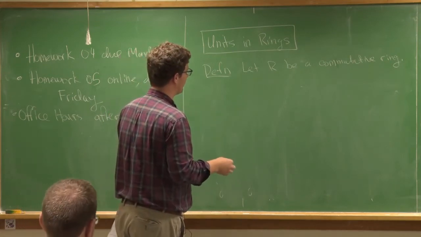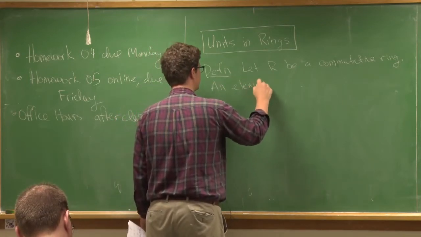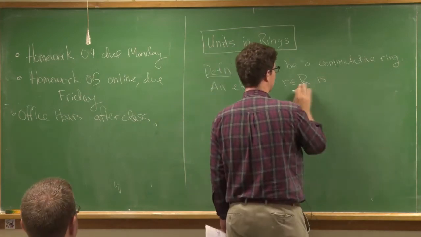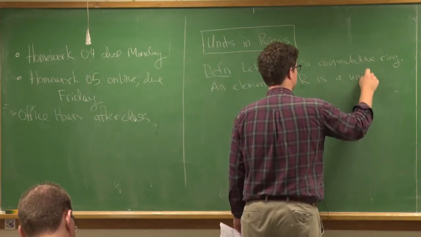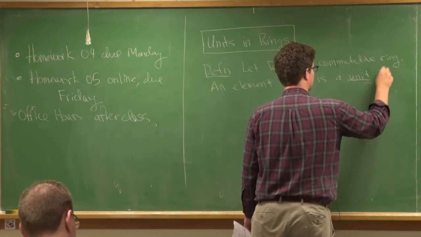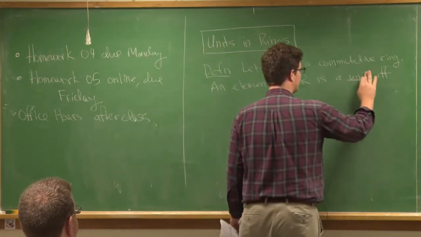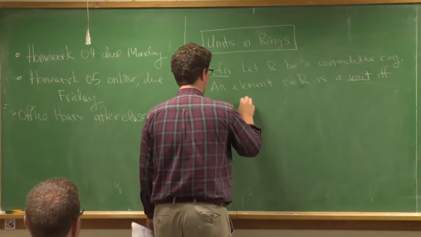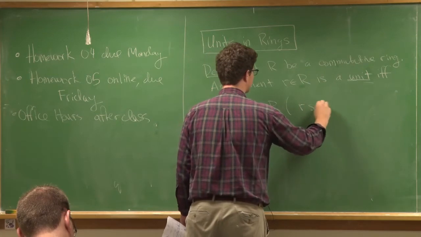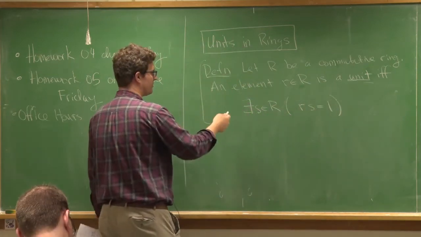An element r in R is a unit if and only if, and all definitions are if and only ifs, there exists some s in R such that r times s is equal to 1. So it's a unit if and only if it has a multiplicative inverse.